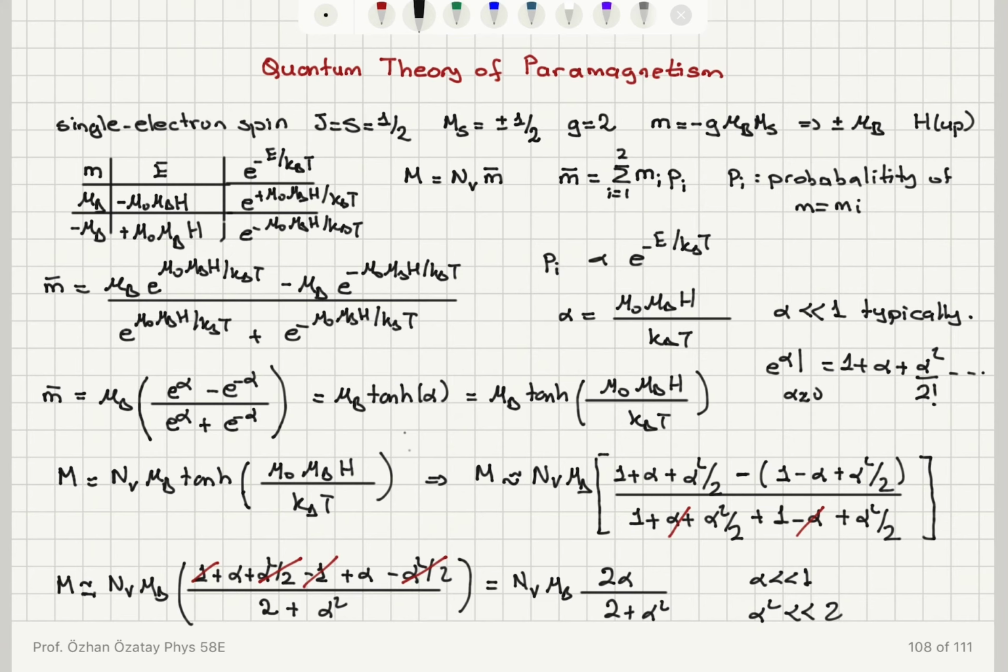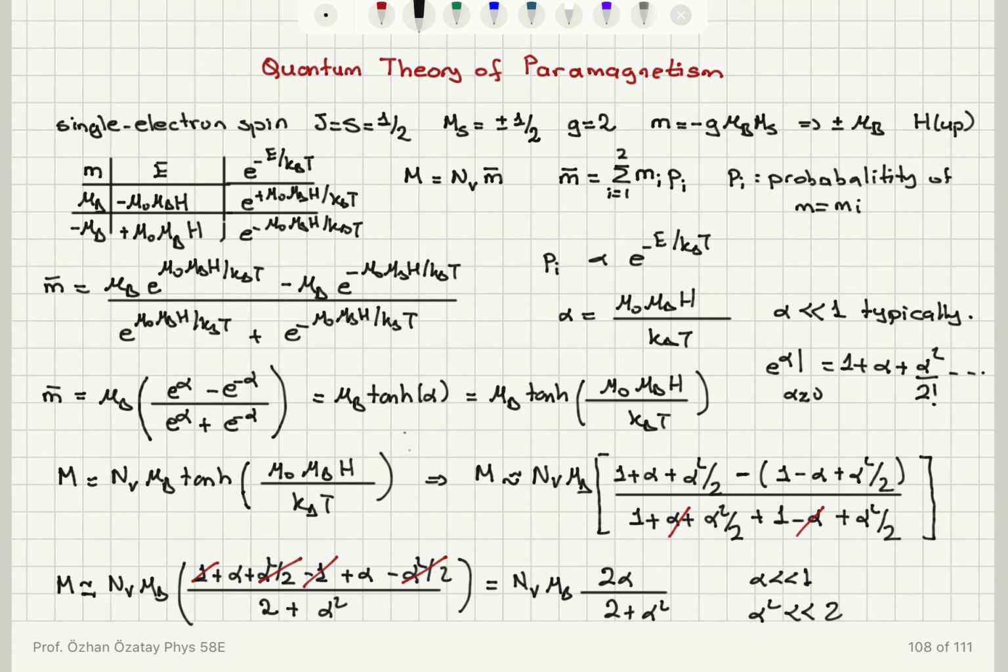I have written the canonical distribution of the magnetic moments, and I basically obtained mu_B times tanh of mu_0 mu_B H over k_B T. And because this mu_0 mu_B H over k_B T is a rather small number, typically, mu_B is small, mu_0 is 4 pi times 10 to the minus 7, so this usually turns out to be much less than 1.